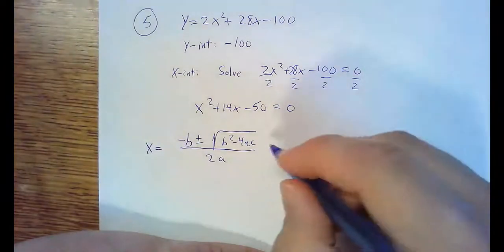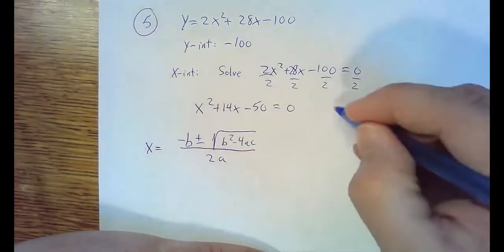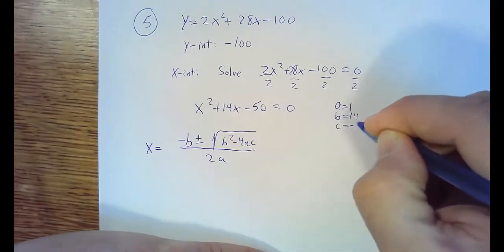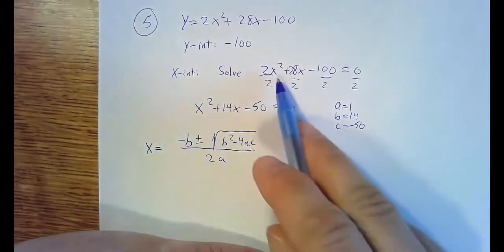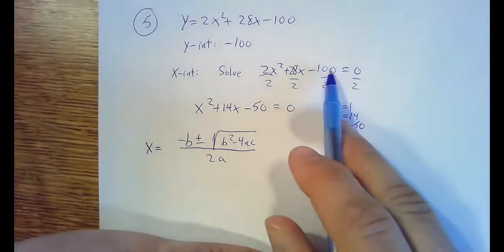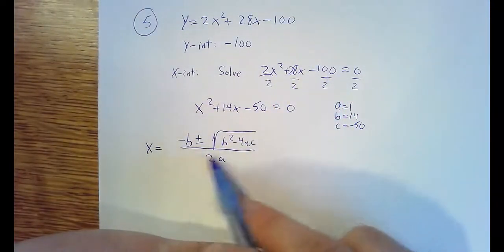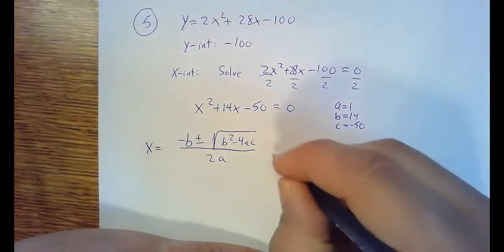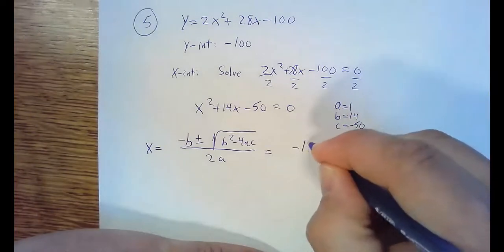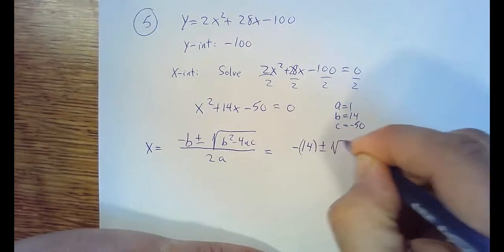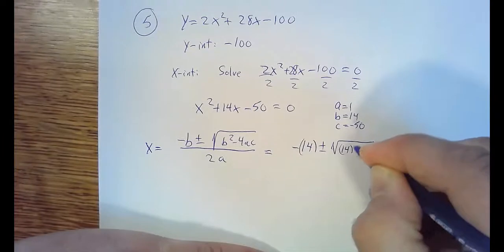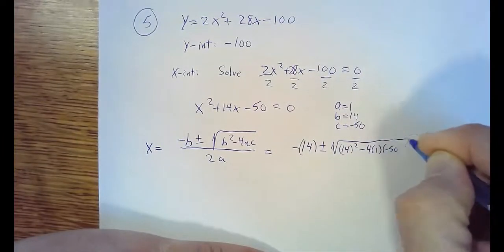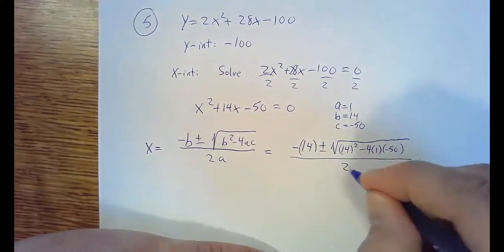Here the coefficients are going to be, I'm going to use 1 for a, 14 for b, and negative 50 for c. We could have just used the original coefficients, but the expression would have an extra factor of 2, and would make calculations a little bit harder. So I have the negative of 14 plus or minus the square root of 14 squared minus 4 times 1 times minus 50, all divided by 2 times 1.